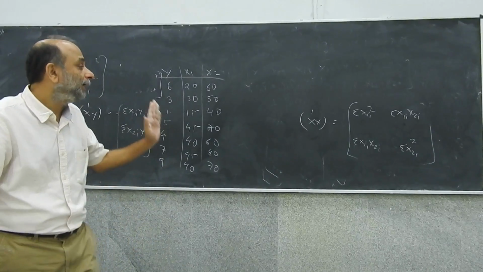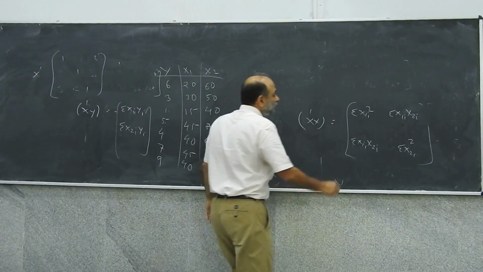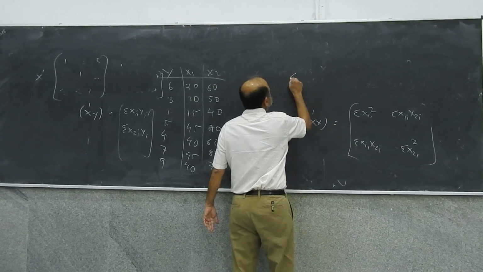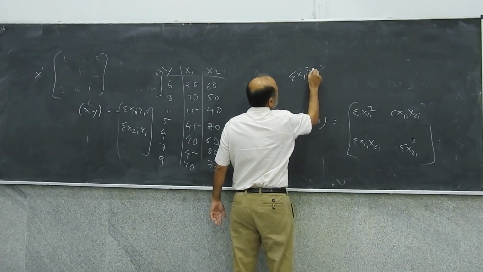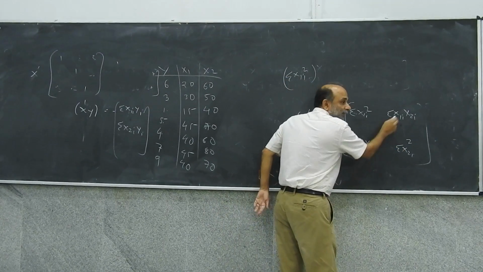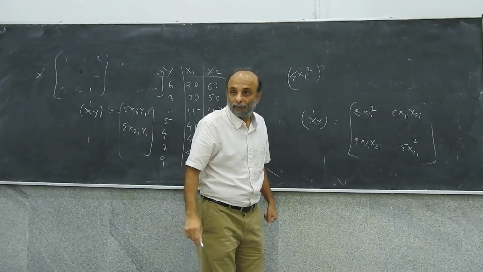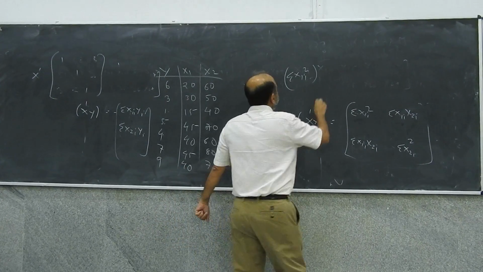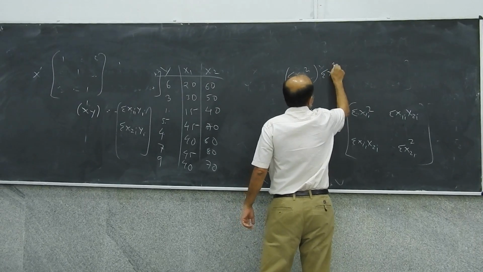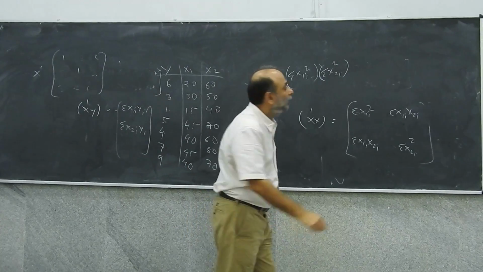So first let me calculate the determinant of that matrix. It is summation x1i square into summation x2i square, minus this into this.